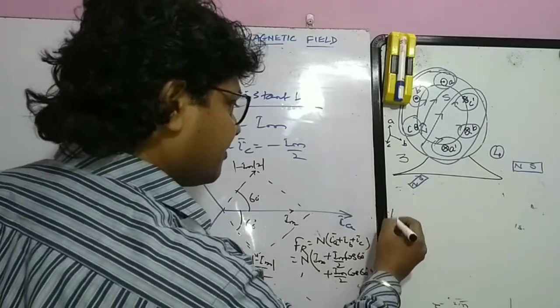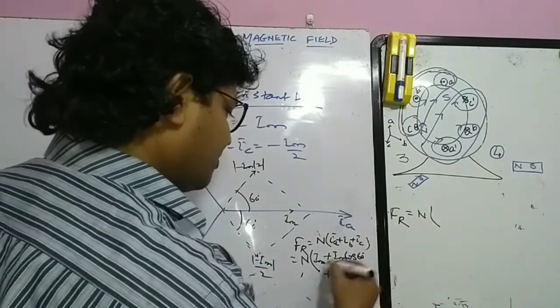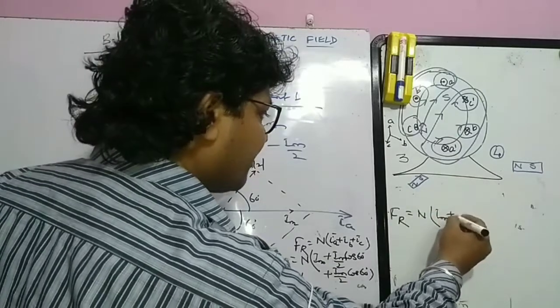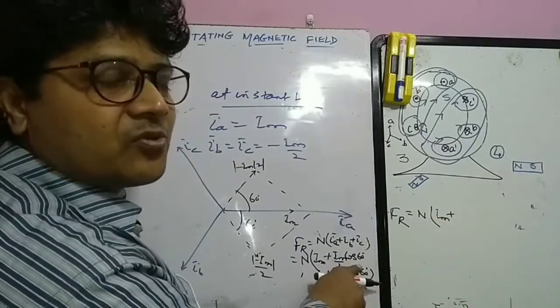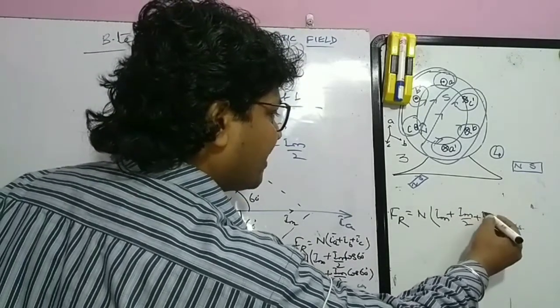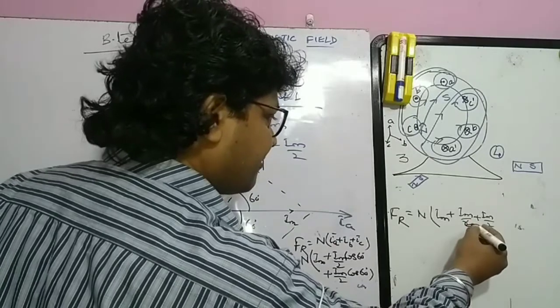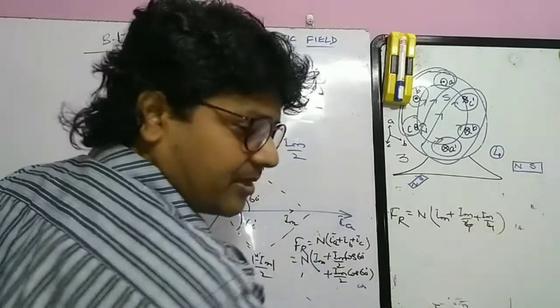This net MMF we are getting is n into Im, plus cos 60 degree is equal to 1 by 2. So this is Im by 2 and plus Im by 2, sorry, this is Im by 4 and this is Im by 4.